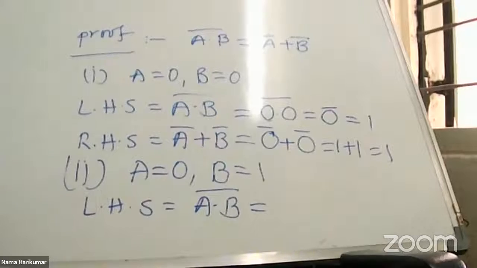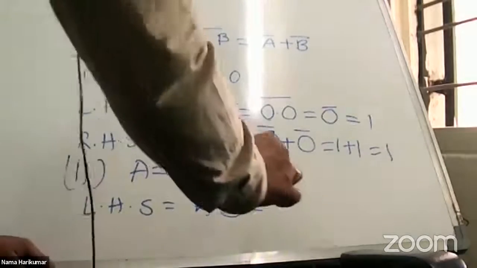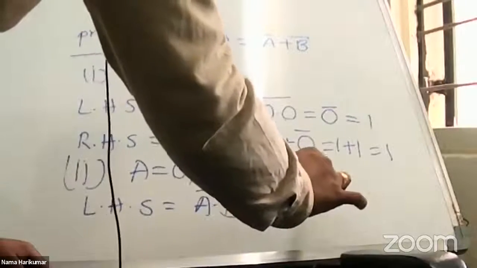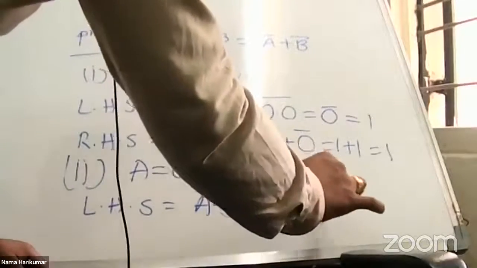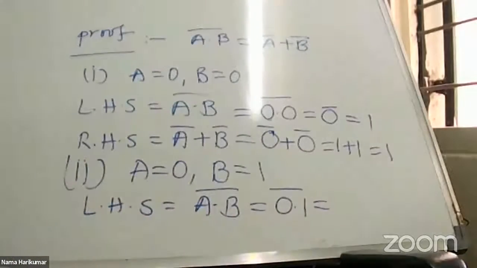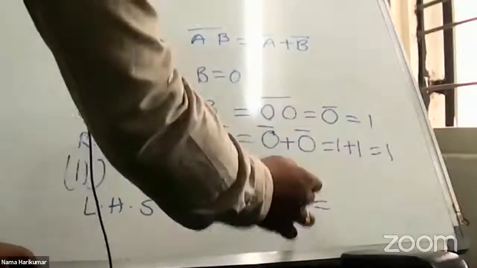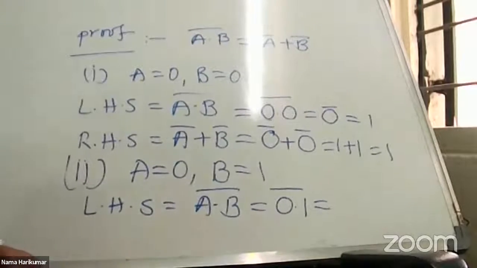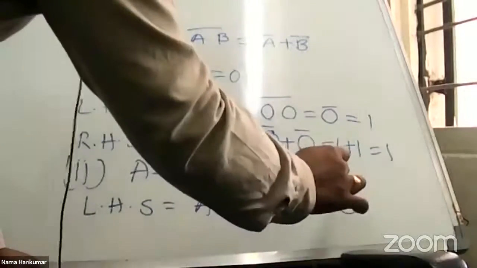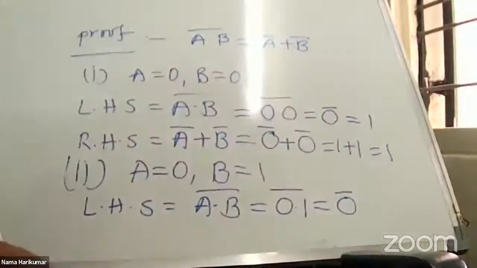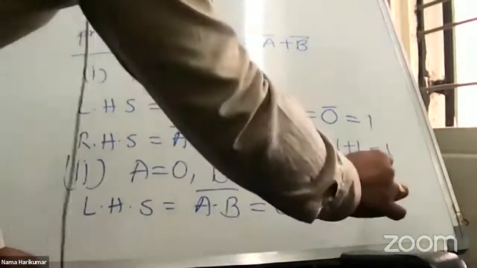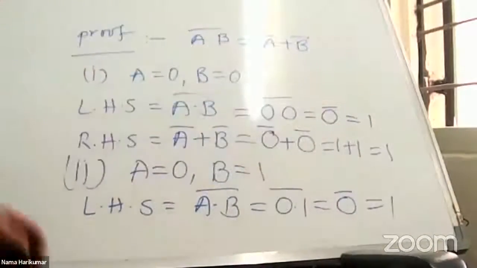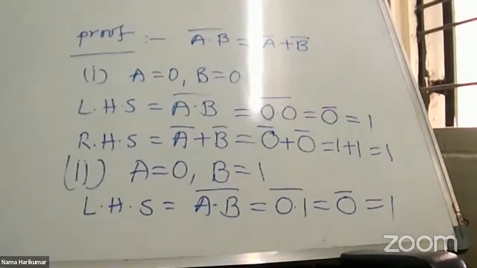The A value is 0 and B value is 1. 0 into 1 is always 0, so we write 0, and its complement is 1. Now it is clear.